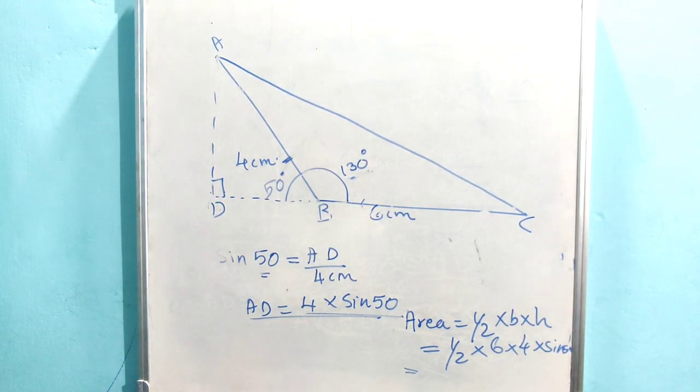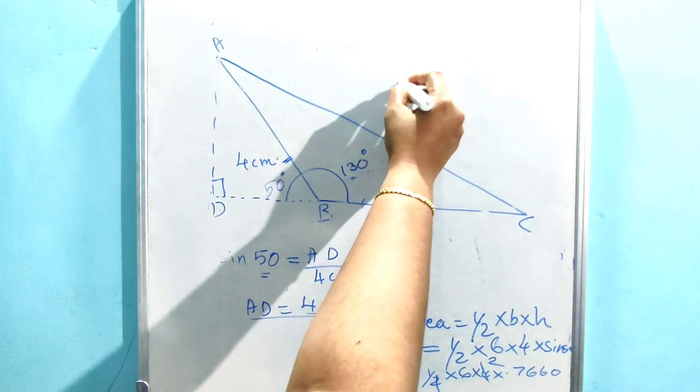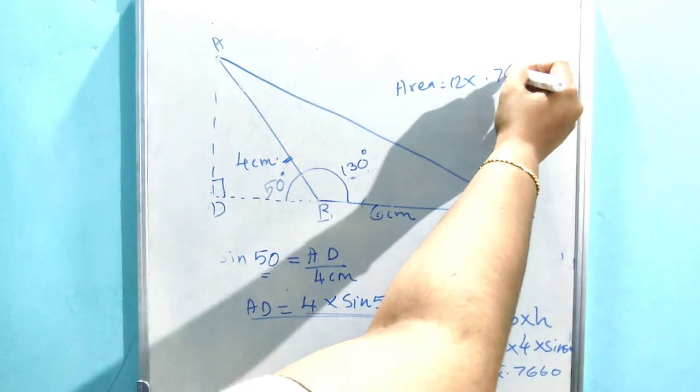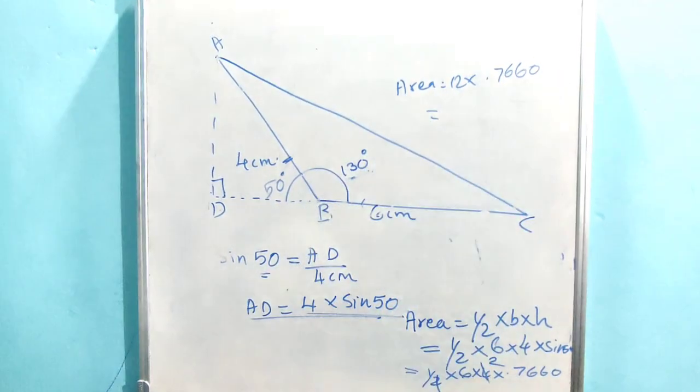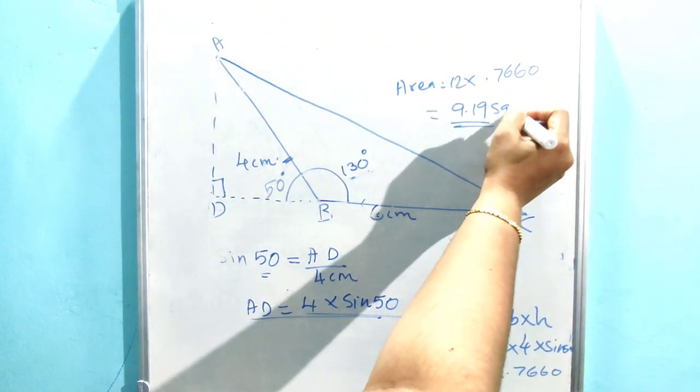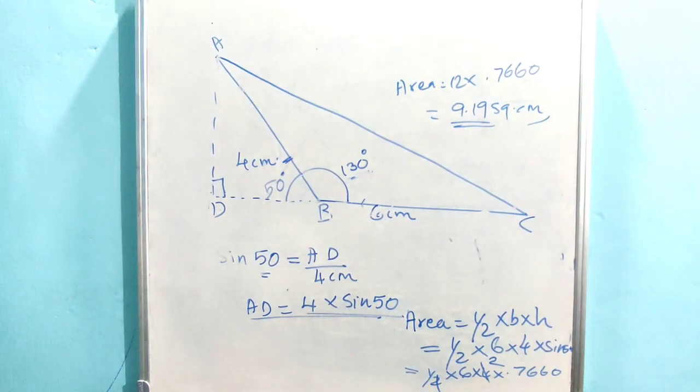Just substitute the value of sine 50 here. It is very similar to the previous question, right? Half into 6 into 4 into 0.7660. Then as we did in the last question, area is equal to 12 into 0.7660, that is approximately 9.19 square centimeter.